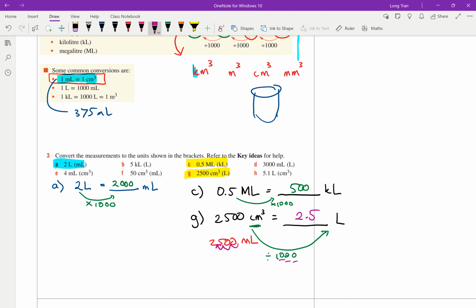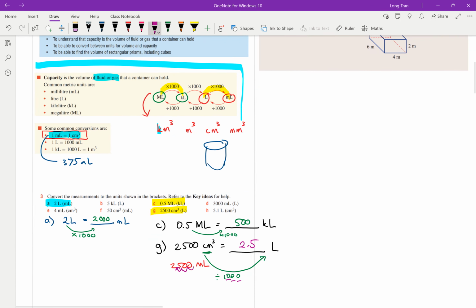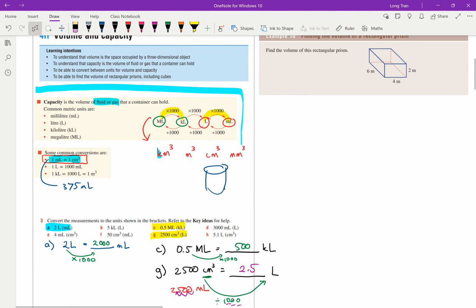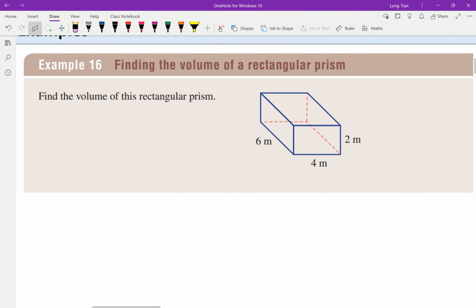Okay, so that's your first skill. First skill is conversion. How do we feel? Pretty good? Very good. Last one. Now this is going back to primary school. We're starting off with some basic shapes. And the first shape that you learned in primary school to find volume. Anyone remember what the volume formula was?